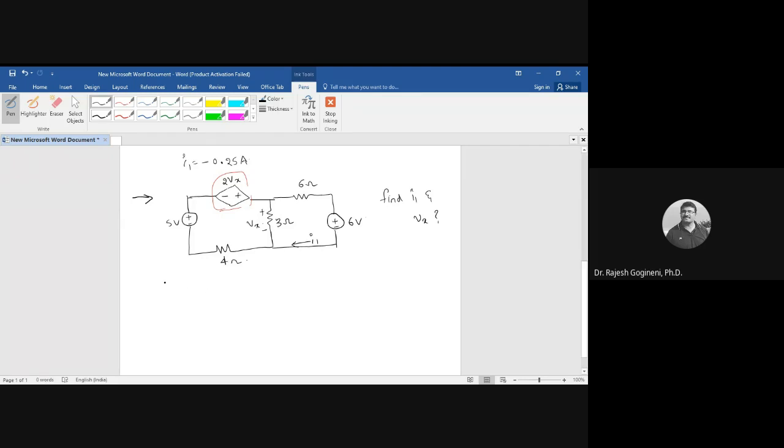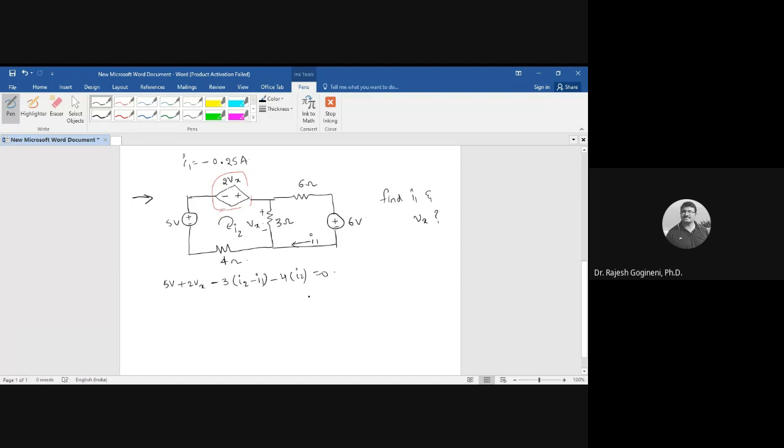If you apply KVL to the first loop, you will get 5 volts plus 2Vx, minus Vx, or this is 3 into (I2 minus I1). If you assume the current in the first loop is I2, because already in the problem the second loop current is given as I1. So assume I2 is the first loop current. So minus 3(I2 minus I1) minus 4 I2 is equal to 0.